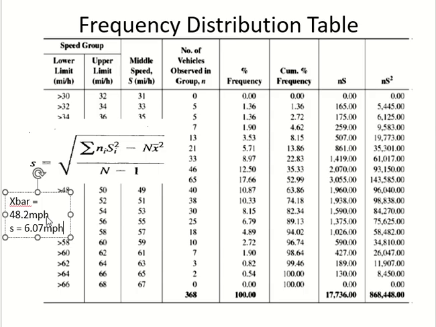Why should it be less? Because the mean is in the middle, right? And if your standard deviation is more than the mean, that means you are going away from the mean by more than its own value. So you will go negative, right? This is the mean, 48.